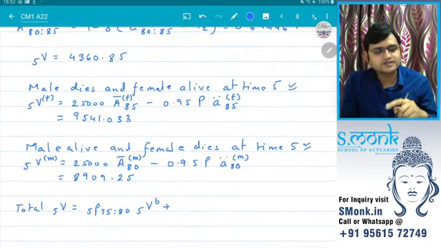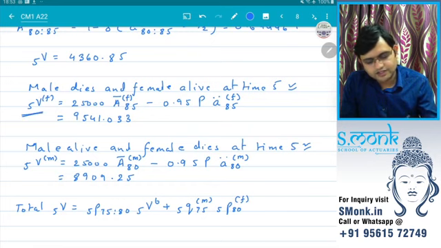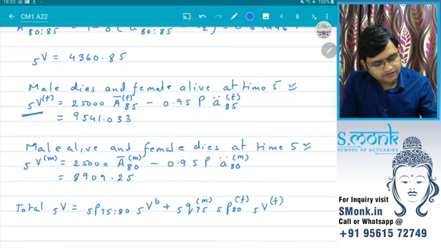Or one dies and the other is alive. So within 5 years, male dies and female is still alive, 5P 80. Then we will be keeping this much reserve, 5VF.